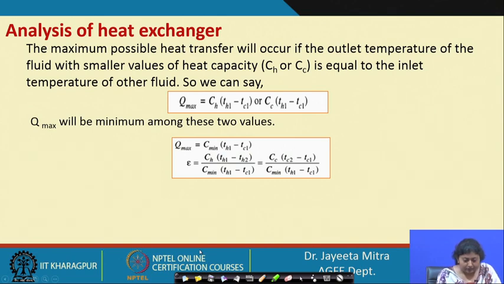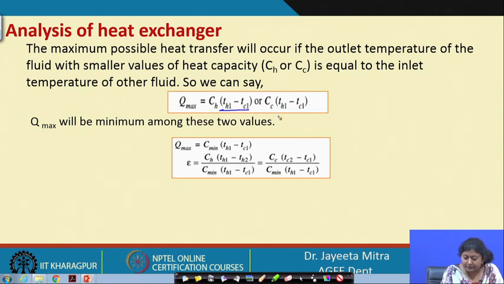Now, Q max is C minimum, whatever it may be, either Ch or Cc, in both cases we get C minimum into Th1 minus Tc1. Only thing, either Ch is minimum or Cc is minimum. So, we can write Q max equal to C min into Th1 minus Tc1.